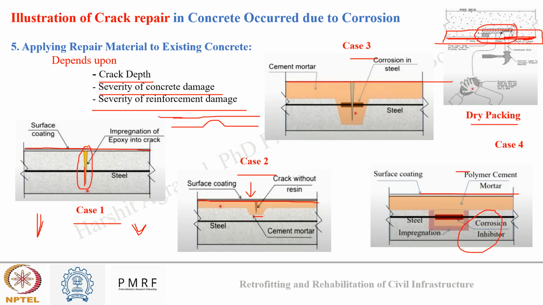So what I will do, I will clear the concrete till here. I will put an additional overlapping reinforcement here and I will tie it with the old reinforcement. This will help me regain the tensile strength here at the critical position.